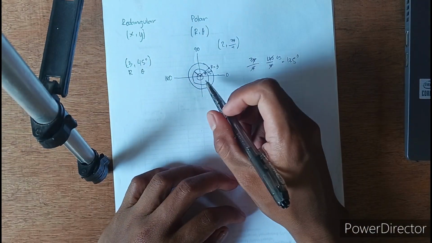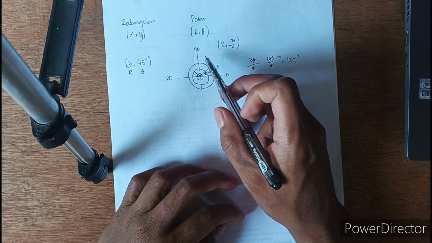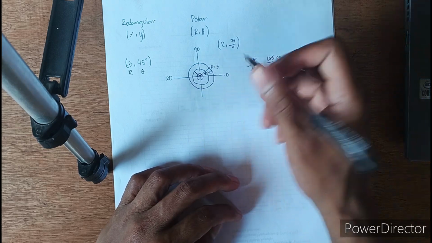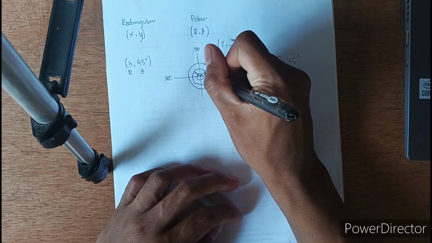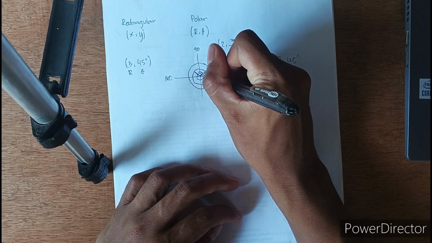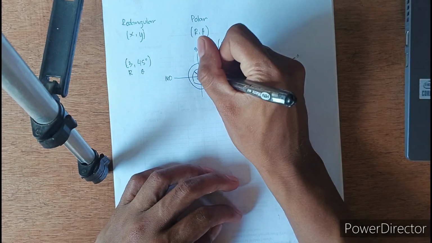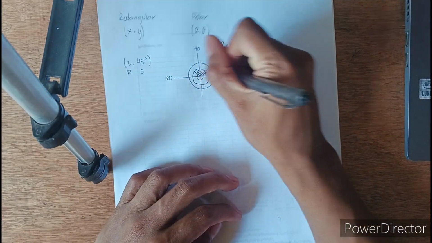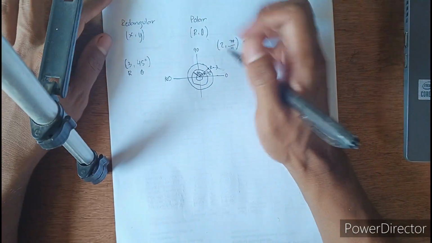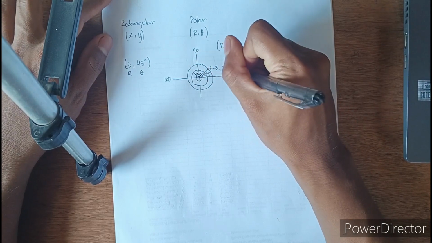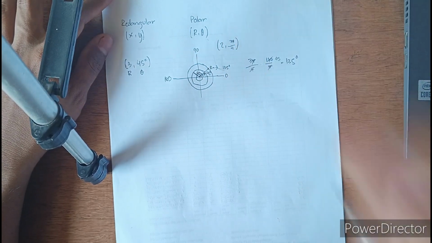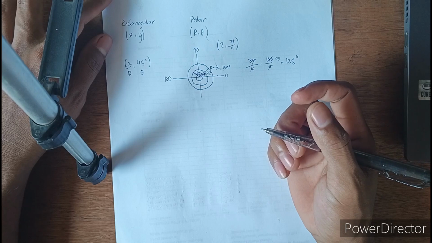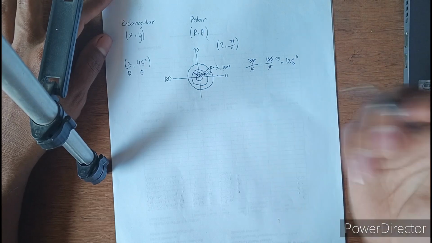We know that 135 degrees is in between 90 and 180 degrees. So this angle right here is 135 degrees. That's how you plot polar coordinates.